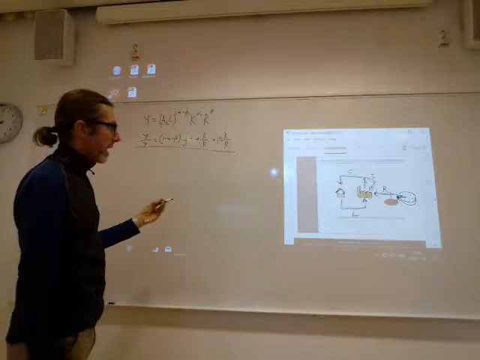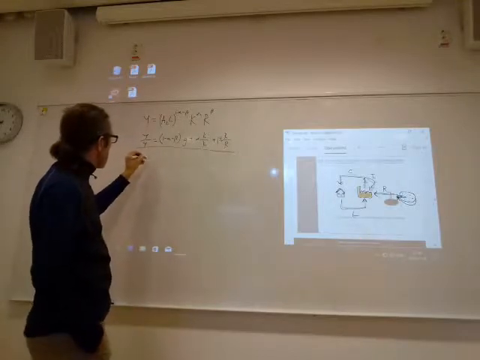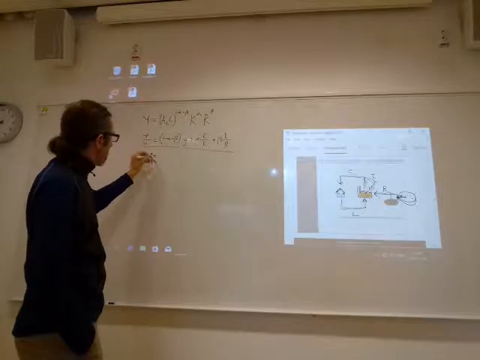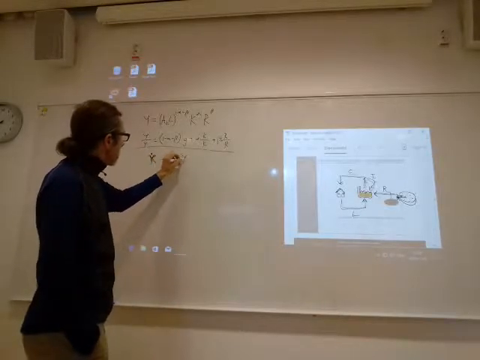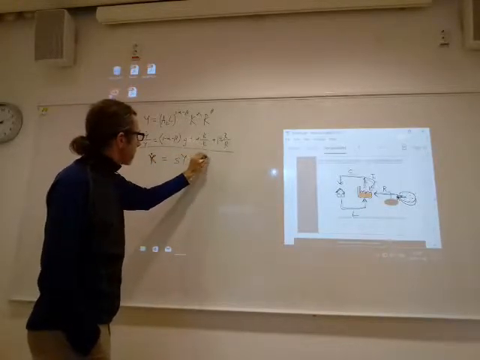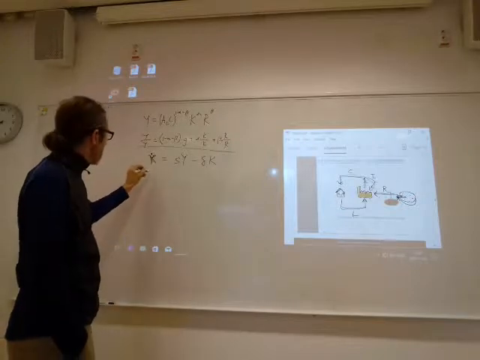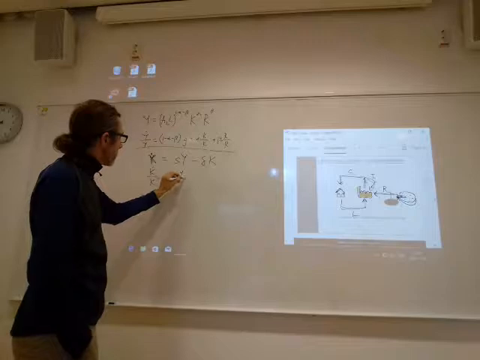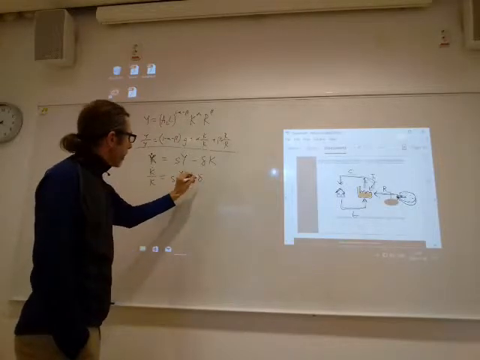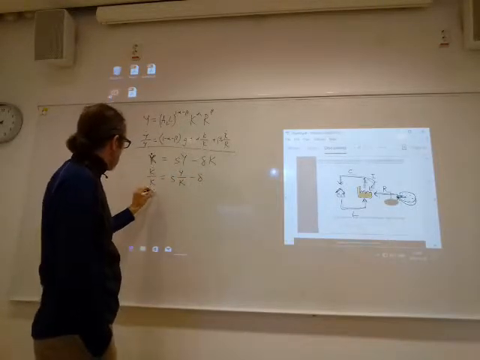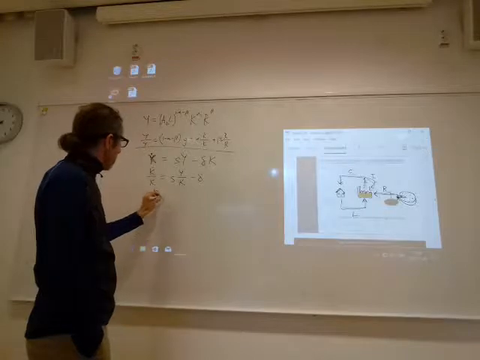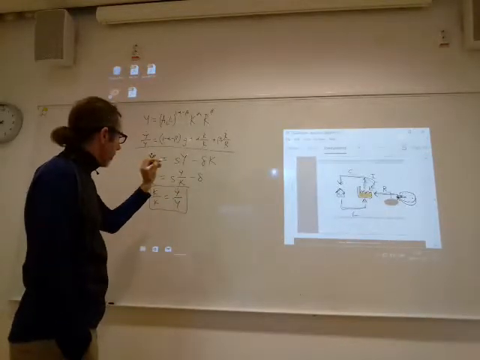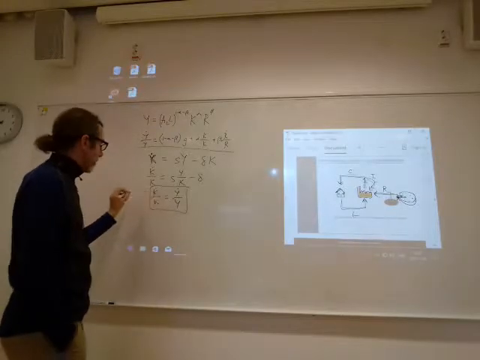And now we're back to the original capital accumulation function. K dot is sy, investment, minus depreciation delta k. So k dot over k is s y over k minus delta. So k dot over k equals y dot over y on balanced growth.